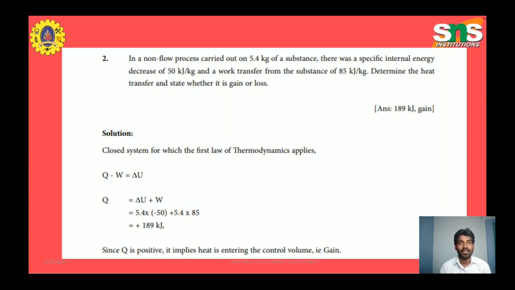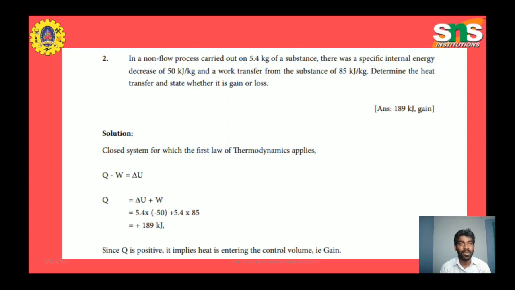Determine the heat transfer and state whether it is a gain or loss. From the solution part, in a closed system for which the first law of thermodynamics applies, the equation is Q minus W is equal to del U, where Q is the heat transfer, W is the work done, and del U is the change in internal energy. We rearrange this equation: Q is equal to del U plus W. We substitute the values of del U and W from the given data.